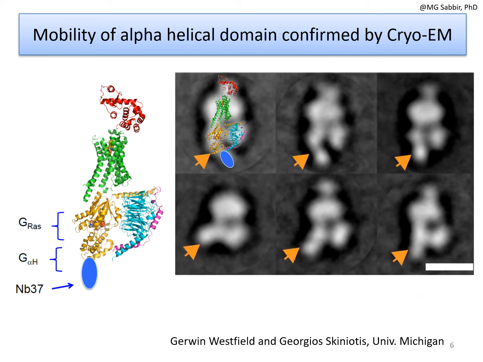Now, previously I have mentioned that following agonist binding to the beta-2 adrenergic receptor, the G-alpha subunit undergoes large structural changes with the alpha helical domain displaced by approximately 130 degrees. The mobility of the alpha helical domain was confirmed by cryo-electron microscopy.